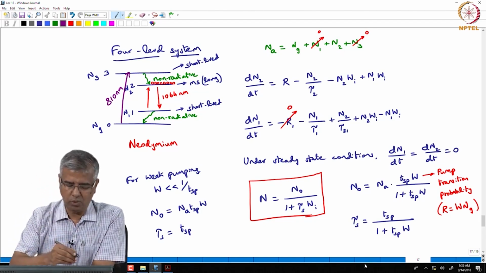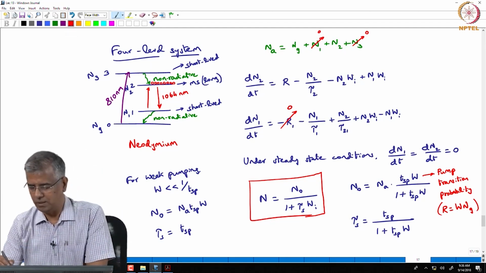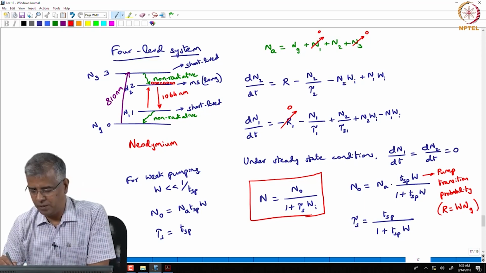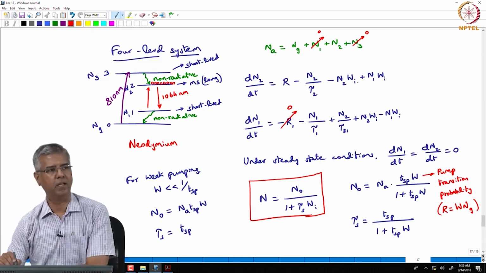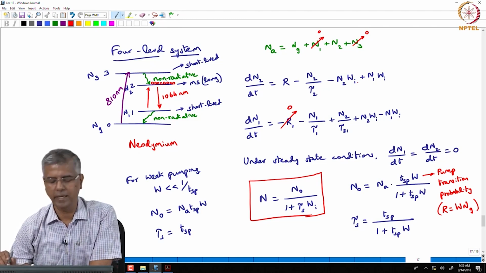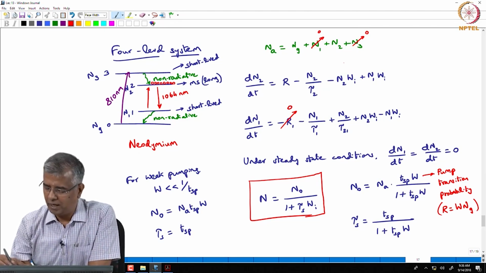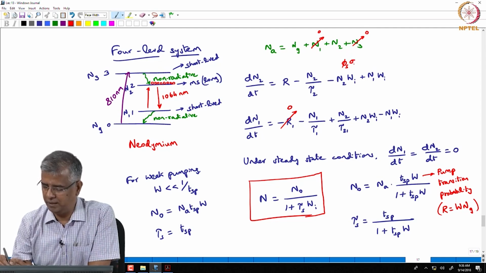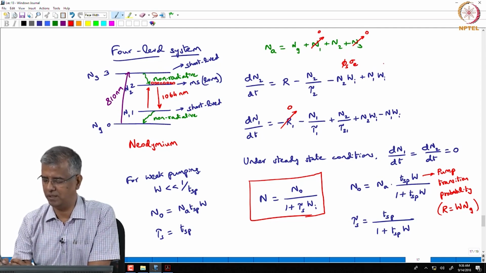So we used the same rates Wi when we were looking at stimulated absorption and stimulated emission. Wi we defined as phi s multiplied by sigma E as far as emission is concerned.